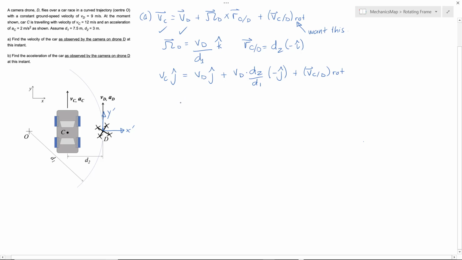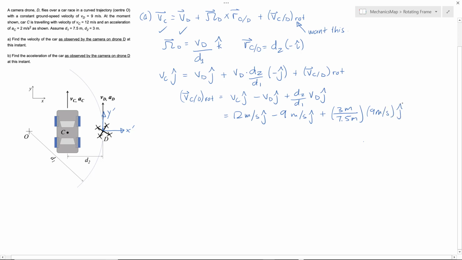We reorganize this, and the velocity of C with respect to D in the rotating frame equals the velocity of C in the J minus the velocity of D in the J plus D2 over D1, the velocity of D in J. Sub some numbers in, that's 12 meters per second in the J minus 9 meters per second in J hat plus 3 meters divided by 7.5 meters times 9 meters per second, also in the J hat.